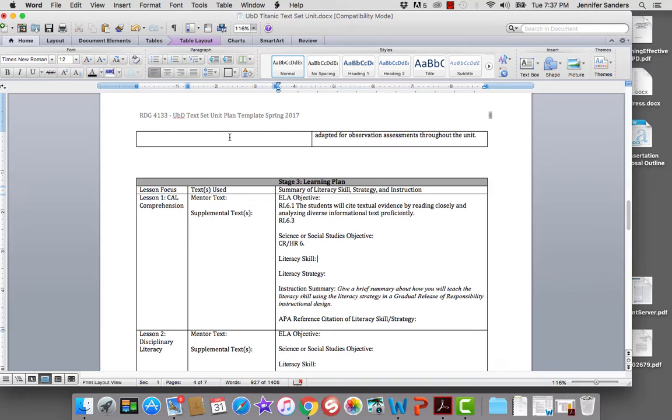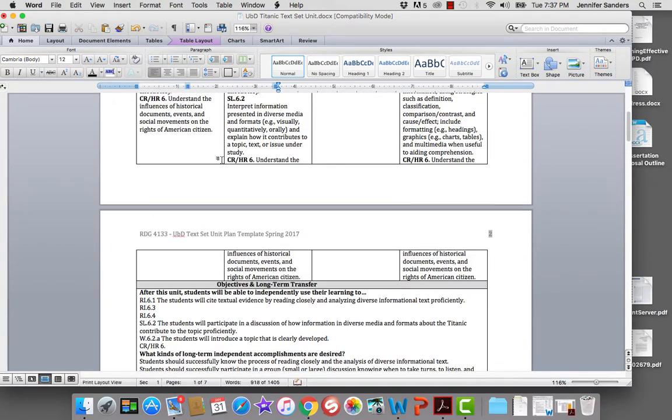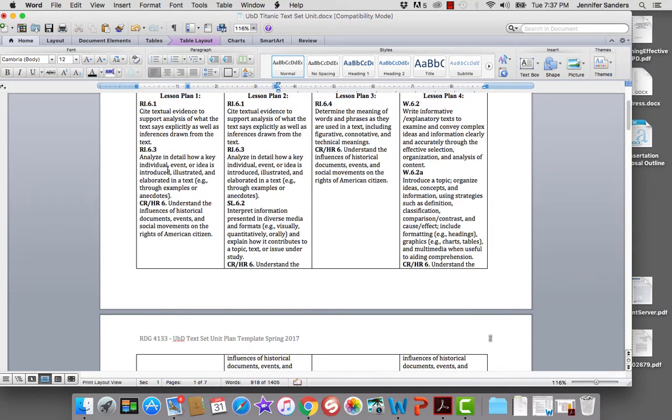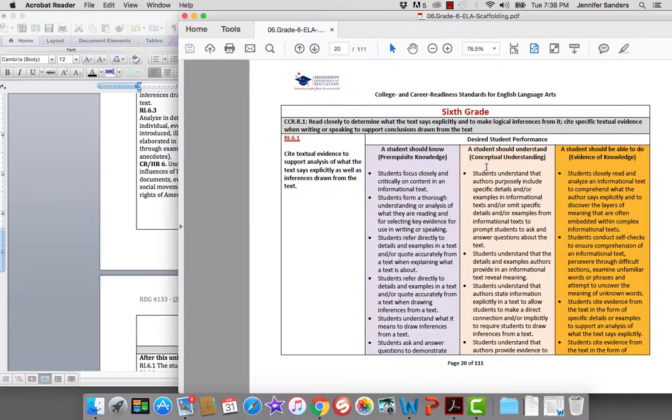I want to make sure that they're citing textual evidence, but if I go back, I also am focusing on my other standard. And so my objective says, analyze in detail how a key individual event or idea is introduced, illustrated or elaborated through examples or anecdotes. And notice that's why those standards go very well together.